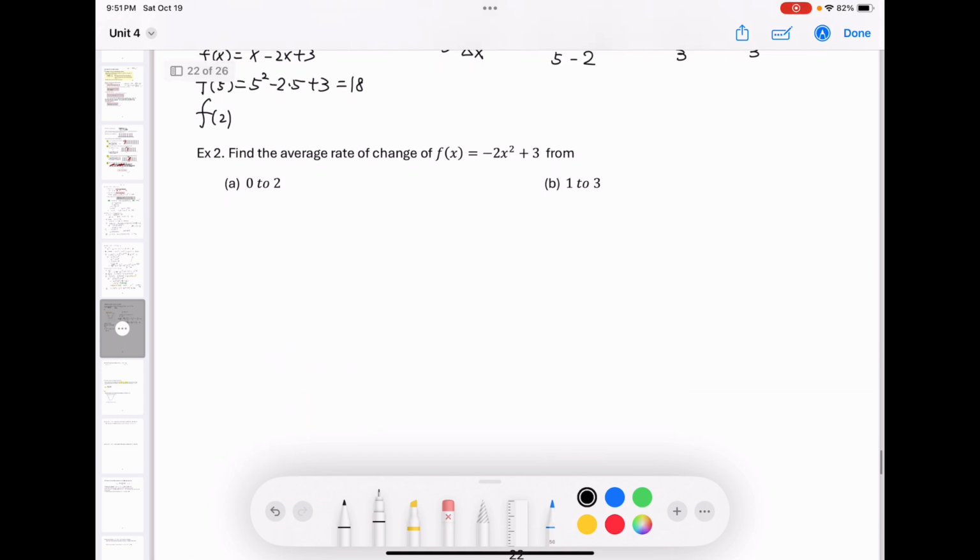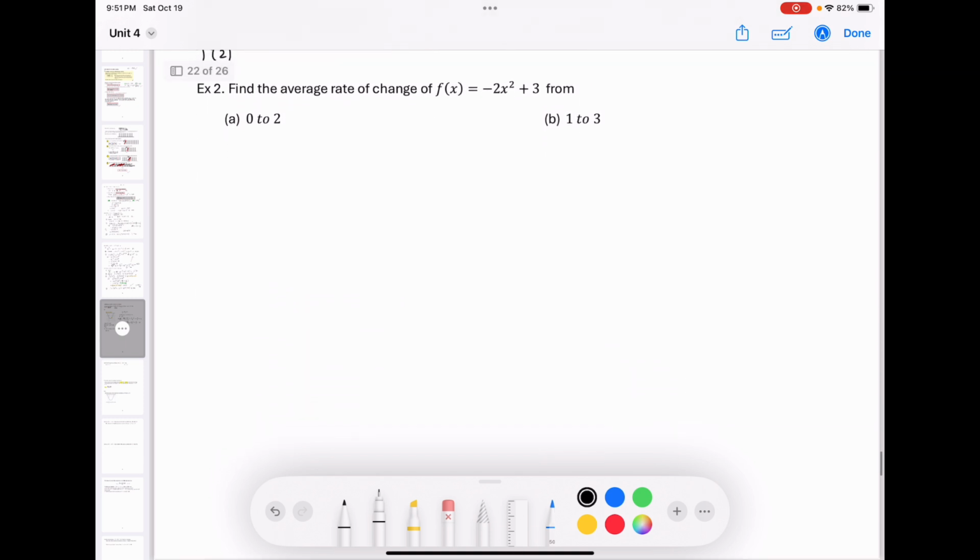Let's see number 2. Find the average rate of change. The function is given: f of x is -2x squared plus 3. We are looking for delta y over delta x, which is equal to f of second x minus f of first x, divided by second x minus first x.